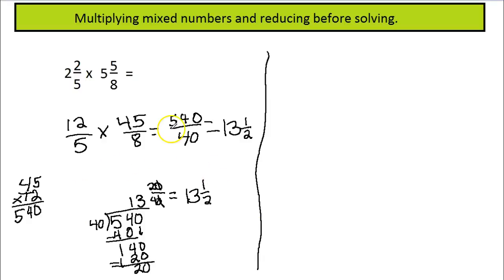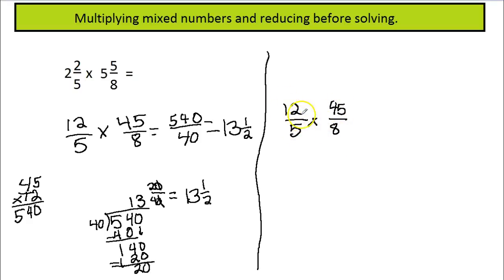There's a lot of work here involved in these large mixed numbers. So if I go ahead and I take the same improper fractions, which obviously you have to, 12 over 5 and 45 over 8, I want to recognize that I could possibly simplify within or reduce within the example here. And I could do that by looking at the opposite numerator and denominators of the two different fractions.